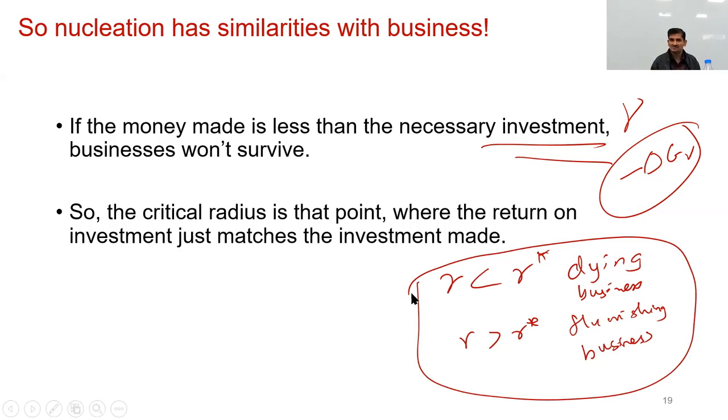In the real world it is money, and in the case of nucleation it is free energies. The investment is the interfacial free energy, and the return or benefit is the volume free energy reduction that goes with the formation of a crystalline cluster.